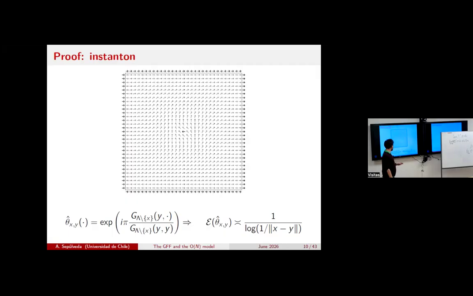And the main idea is that one can actually construct such a function by taking an appropriate imaginary exponential of the Green's function, and it is so soft that the energy associated to it actually goes to zero as the box goes to infinity. So in a way, one can think about it as a Radon-Nikodym derivative of moving the center, multiplying the center by -1. That means that the law of the center is quite similar to the law of minus the center. So that means that you are almost uniform. That's essentially the main idea. So this is Mermin-Wagner's argument.